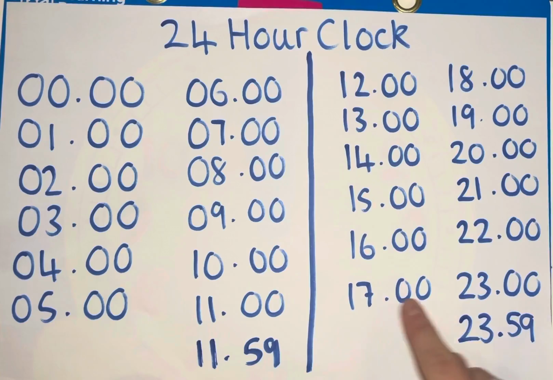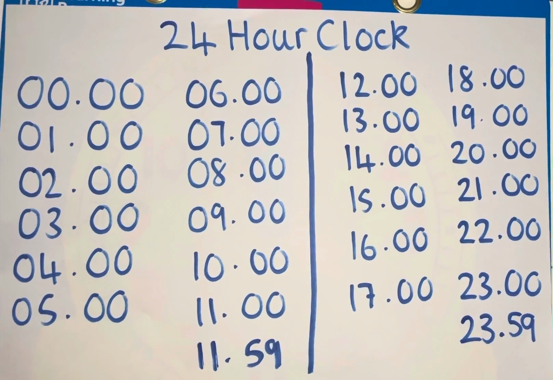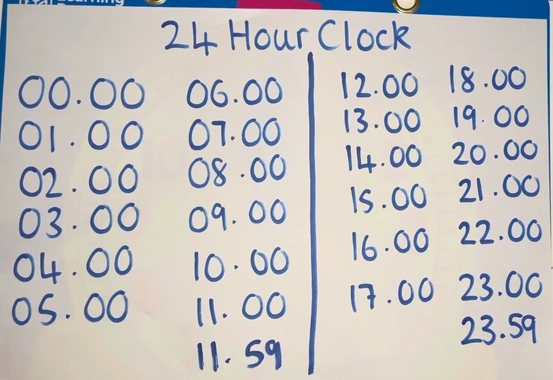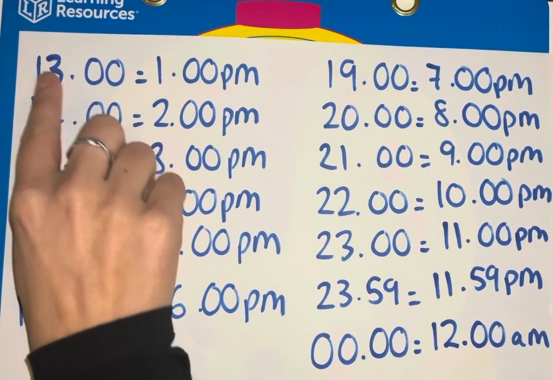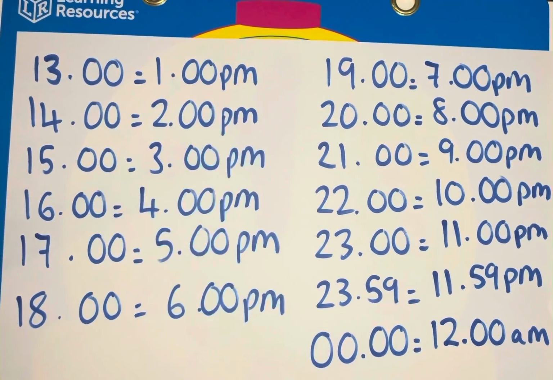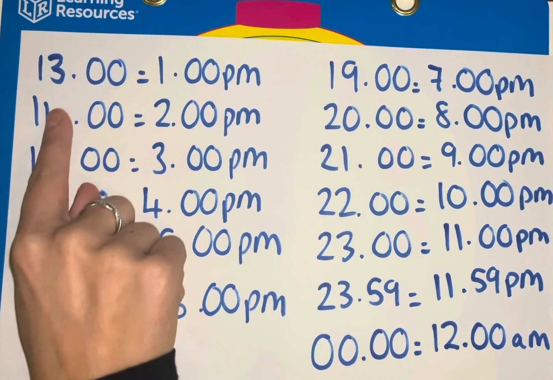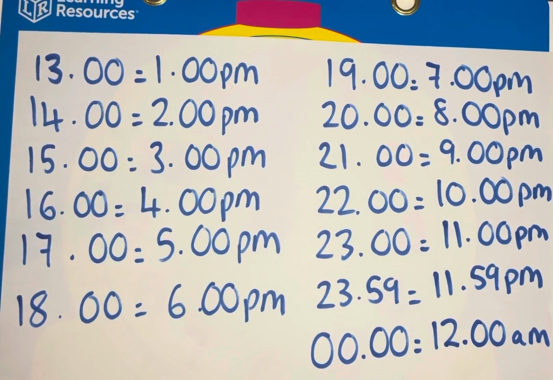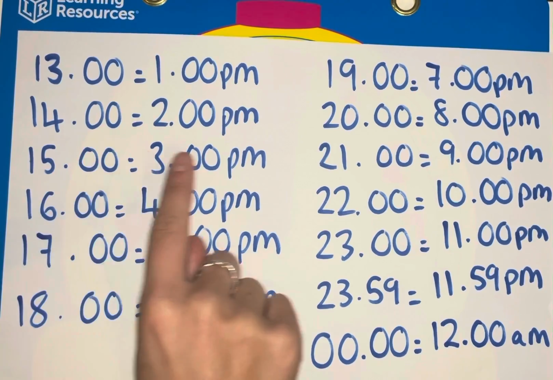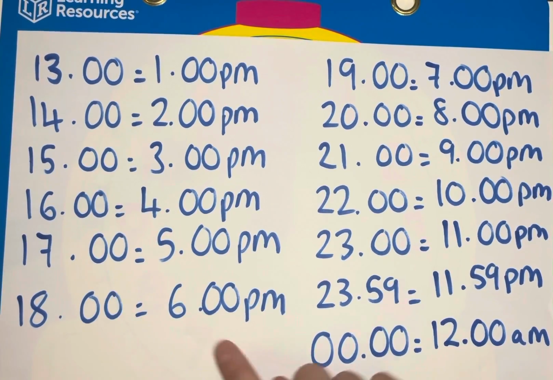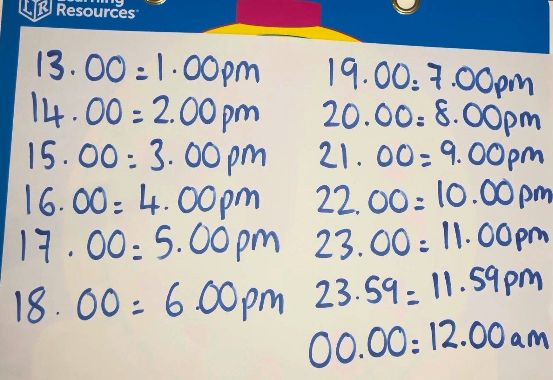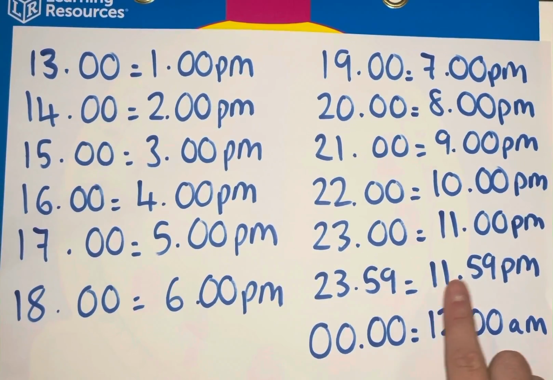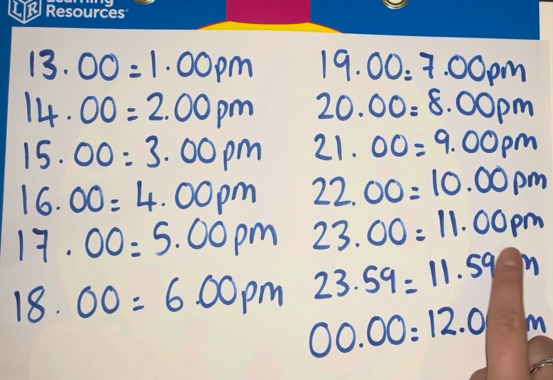Now I know these here might be a little bit confusing because it is different to the 12-hour clock, but if we have a look at this sheet here, we can see that 1300 hours means 1 o'clock in the afternoon, 1400 hours means 2 o'clock in the afternoon, 1500 hours means 3 o'clock in the afternoon, all the way up until 23:59, which we've just found out is 11:59 at night.